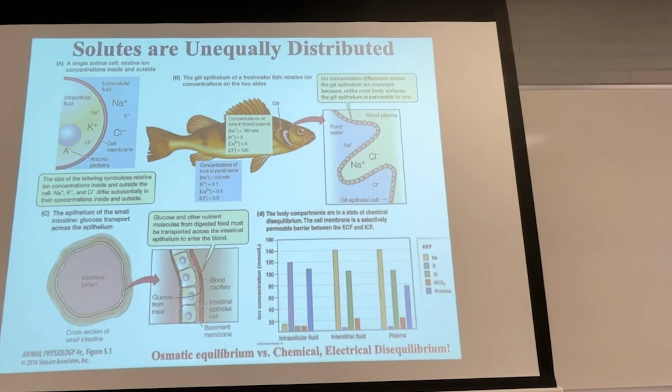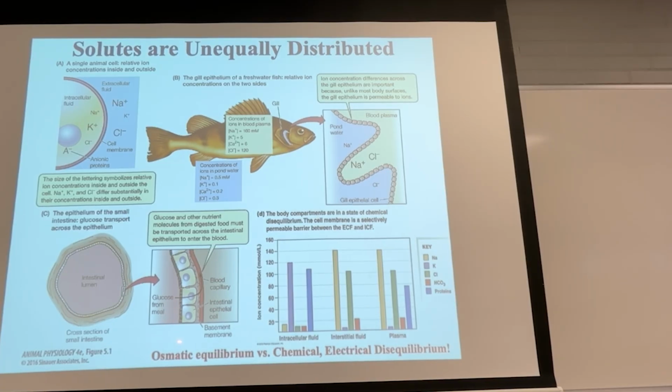So, cells are in osmotic equilibrium, but chemical and electrical disequilibrium. So, I want you to think about that. Good test question, right? Explain how cells are in osmotic equilibrium, but chemical and electrical disequilibrium. And that's what we're going to start talking about right now.